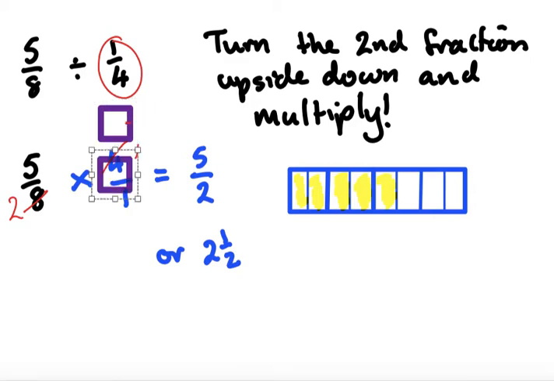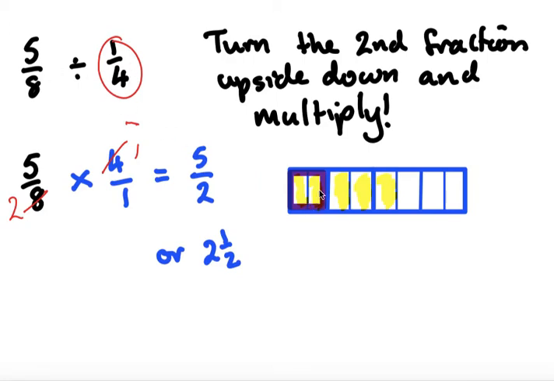So we've got a quarter. Hold on a minute. Let me stop that. So here I've shifted in a quarter into there. So the question is how many times will 1/4 fit into 5/8.